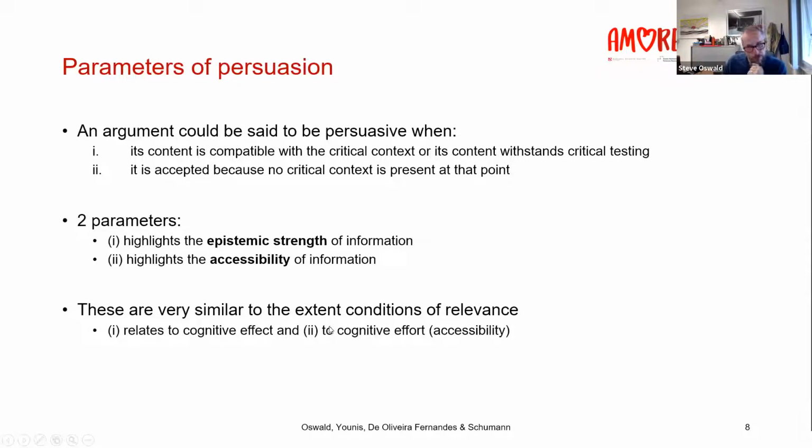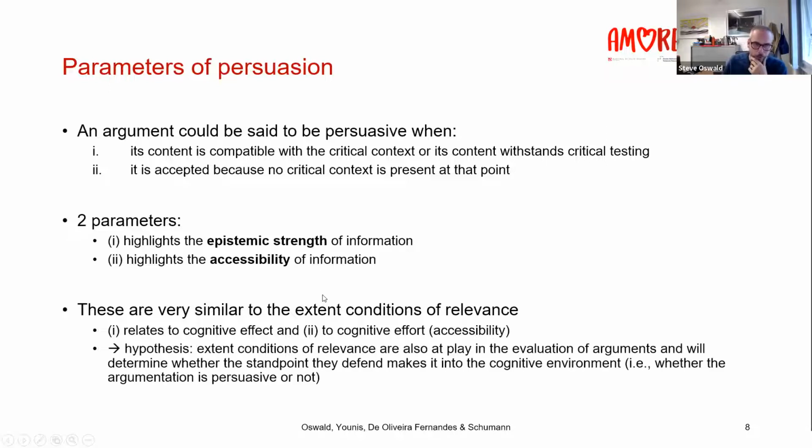And the second parameter relates to cognitive effort and accessibility, whether you're going to be able to summon information for that. So the hypothesis is that these extent conditions of relevance are also at play in the evaluation of arguments, and they might determine whether the standpoint the arguments defend makes it into the cognitive environment of the addressee, that is, whether the argumentation is persuasive or not.